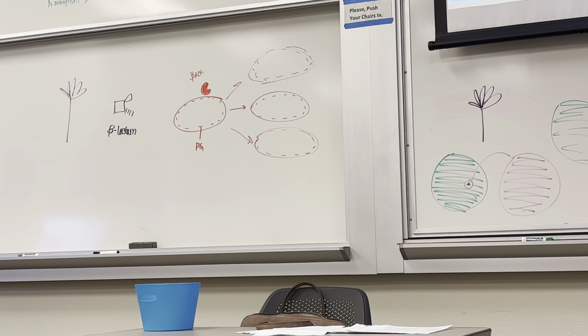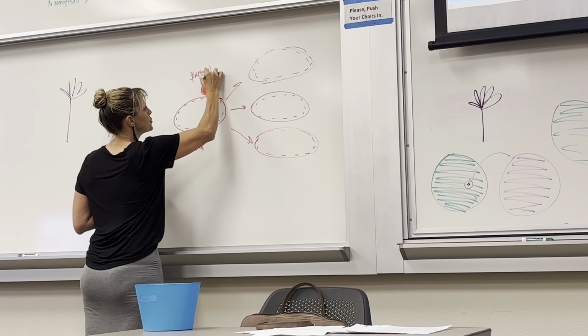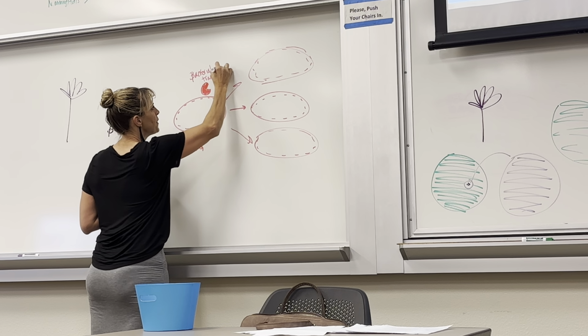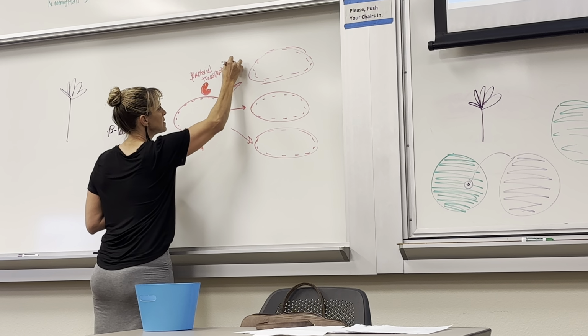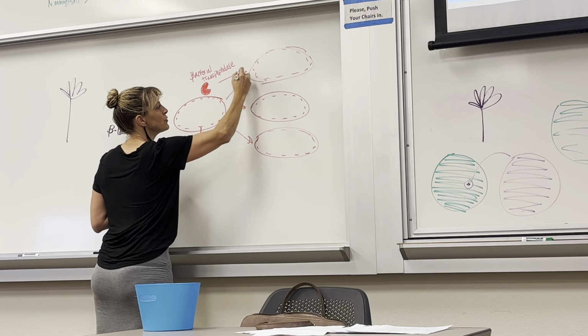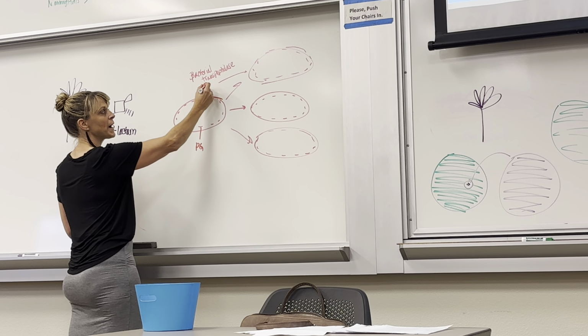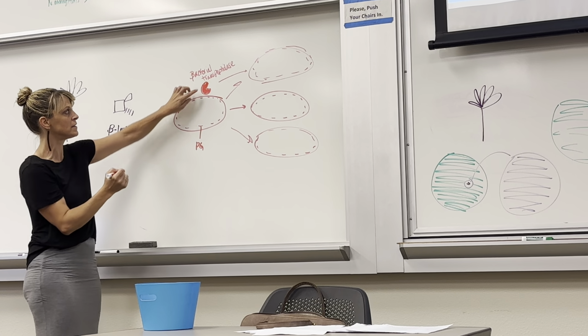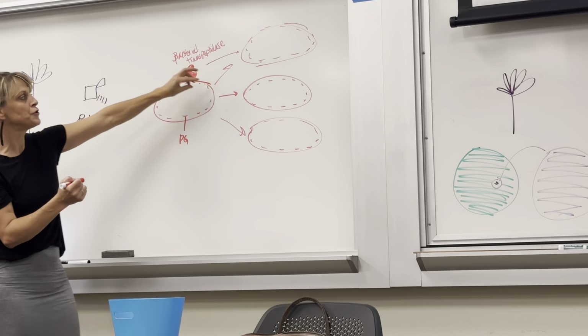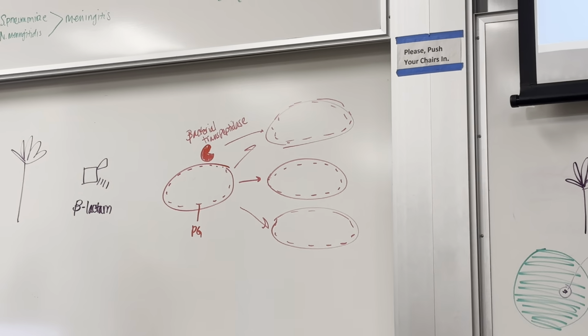Oh, bacterial transpeptidase. And so what it's doing is laying down new peptidoglycan. This bacterial enzyme will add new peptidoglycan. That's its role, to put peptidoglycan together to form it.